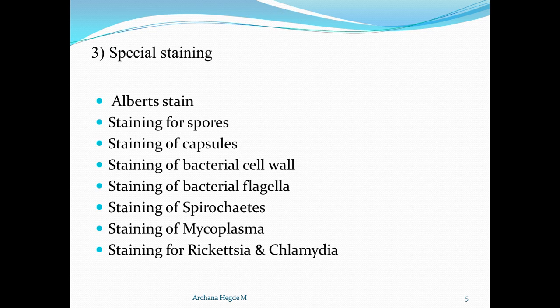Coming to special staining, there are many special stains used only for particular purposes, like staining spores, capsules, bacterial cell wall and bacterial flagella, and also for different microorganisms. Different stains are used for spirochetes, Mycoplasma, Rickettsia and Chlamydia, and there is also one more stain called Albert stain.